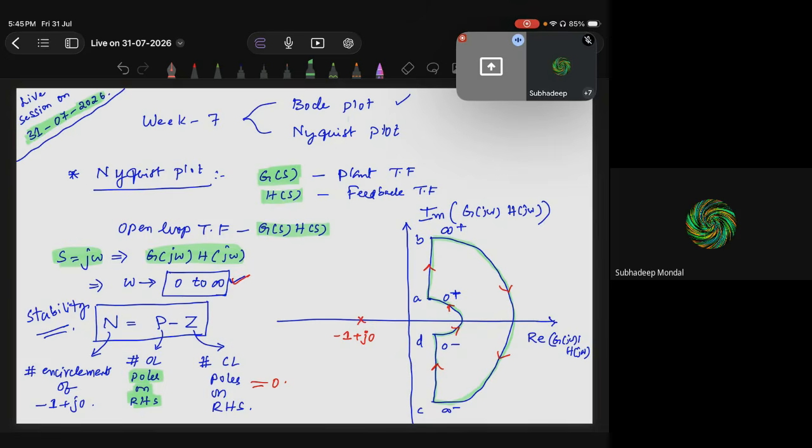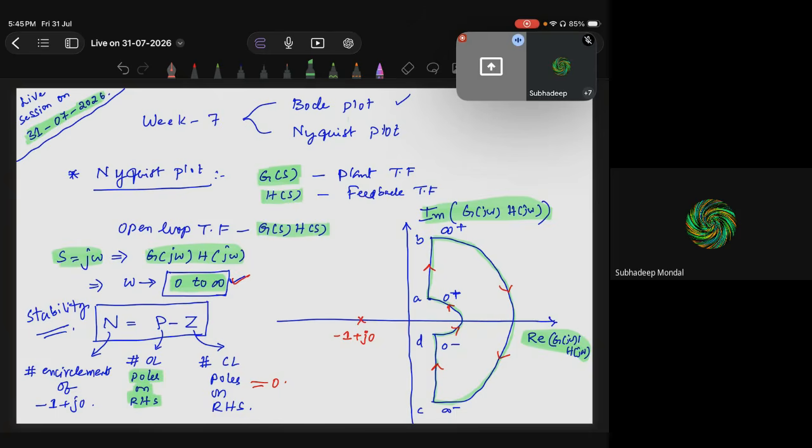So what we do is we plot the real part of that G(j omega) H(j omega) and the imaginary part of it on this 2D plane. Okay. So basically we are looking for finding this plot when omega varies from 0 to infinity.